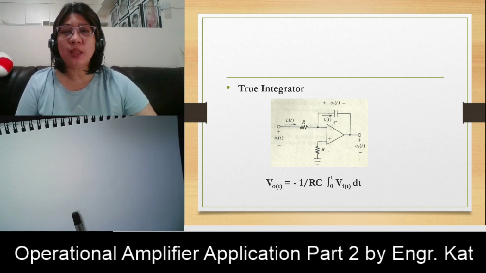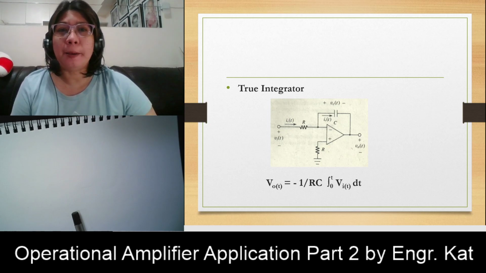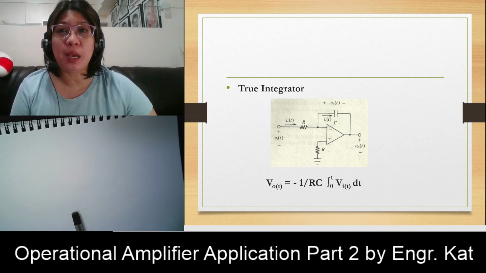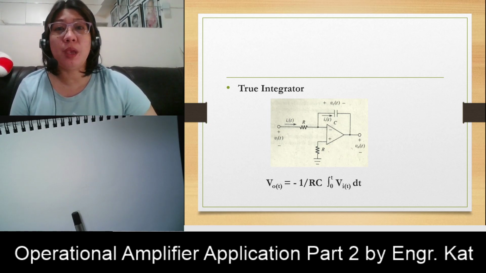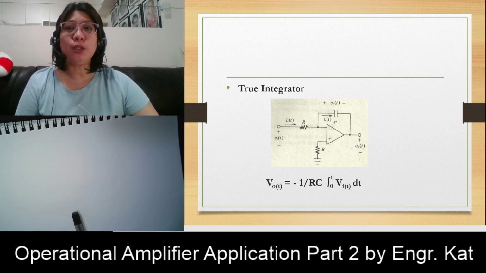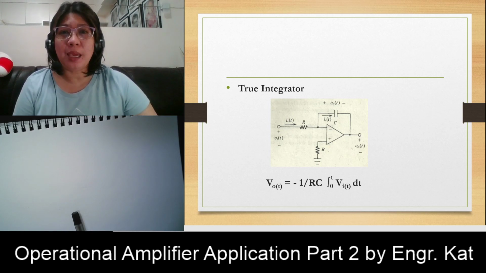Instead of a feedback resistor RF, we will be placing a capacitor instead. We still have here your R and our input, which is usually DC. The output is equivalent to negative 1 over RC times the integral of VI, the integral of your input dt.